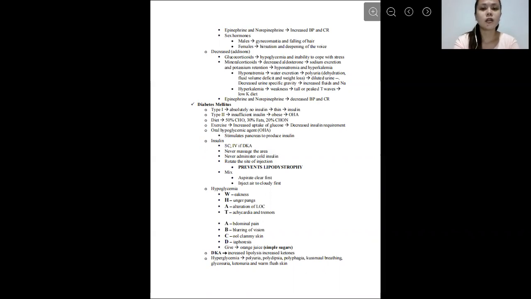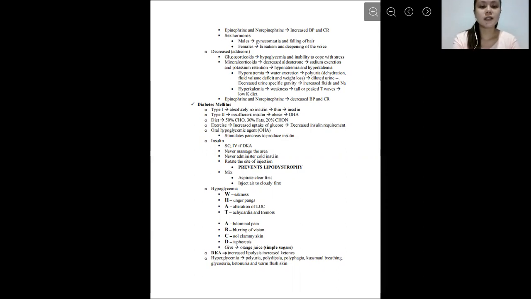This will lead to, or result in, obesity. The management of this is the oral hypoglycemic agent or OHA to stimulate the pancreas to produce insulin. The diet is 50% CHO, 30% fats, and 20% CHON.